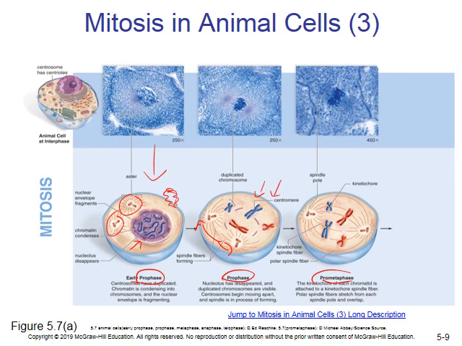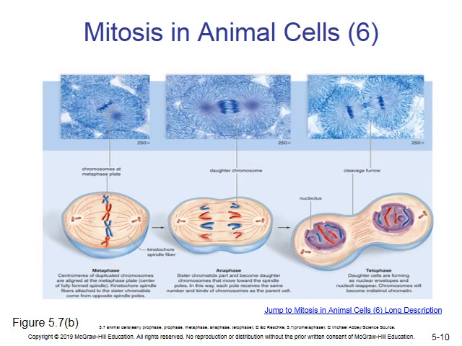And once the centrioles move to the opposite poles, these are going to line up in the middle. We can see here in metaphase that the chromosomes are lined up in the middle. What's going to happen next is anaphase, where they get pulled by the microtubules, or it's sometimes called spindle apparatus, pulled away to the opposite sides of the cell.